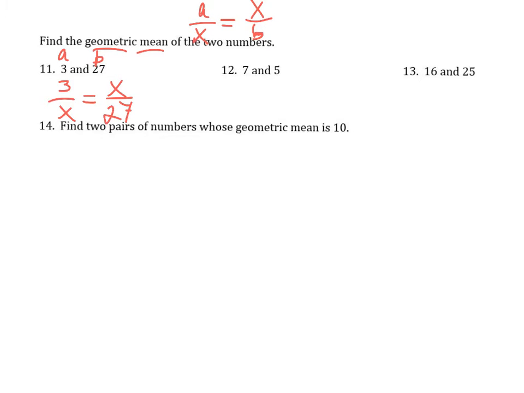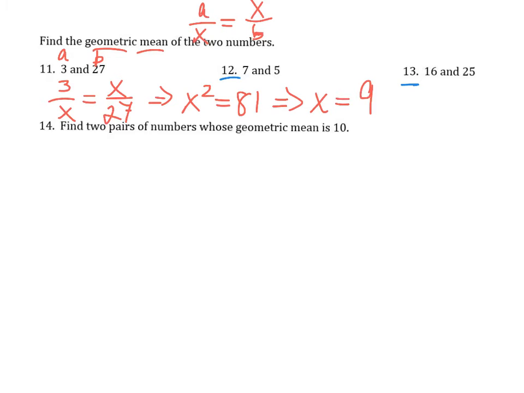So this is going to give me X squared equals 81. And then I'm going to take the square root of that, which gives me x equals 9. Now, some of them you're not going to get a perfect value or a whole number for. For number 12, it's not going to be a whole number. But for number 13, you will get a whole number.